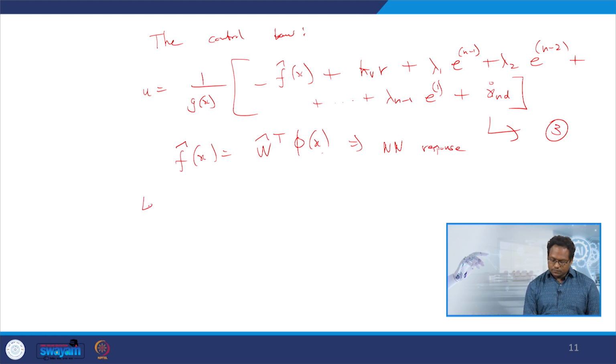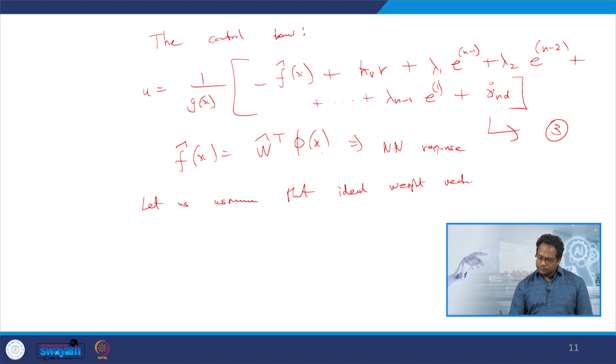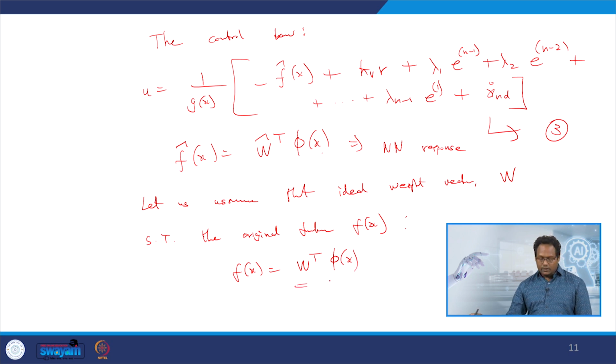Let us assume that there exists an ideal weight vector W such that the original function f of x can be represented as f of x equal to W transpose phi of x, where W is the ideal weight vector corresponding to the original function.